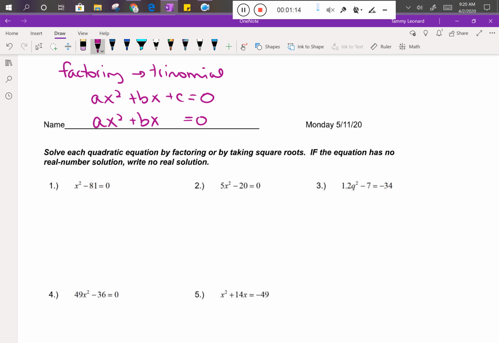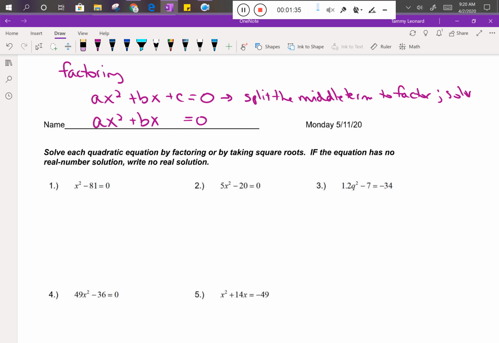So if I'm using the factoring method and I have a traditional trinomial, I'm going to first split the middle term to factor, and then I'm going to solve using the zero product property.